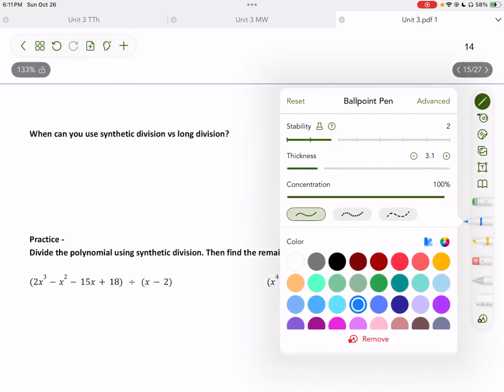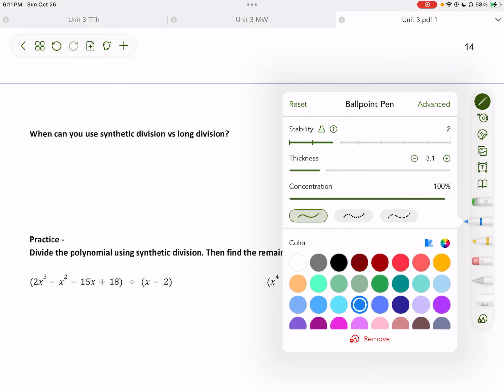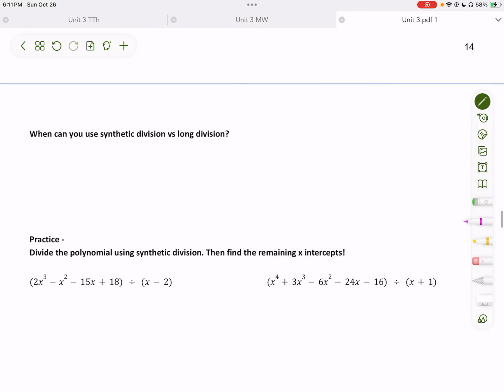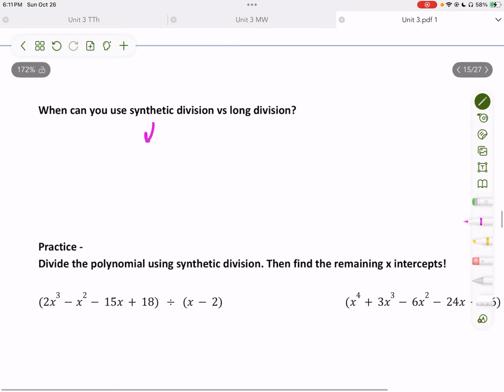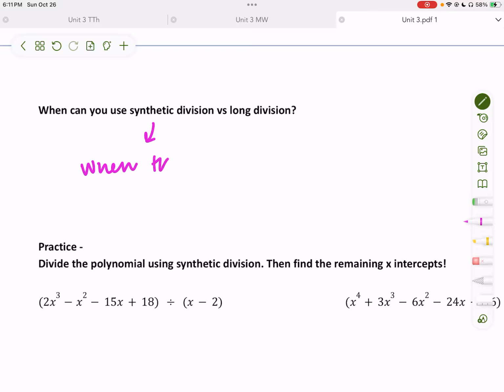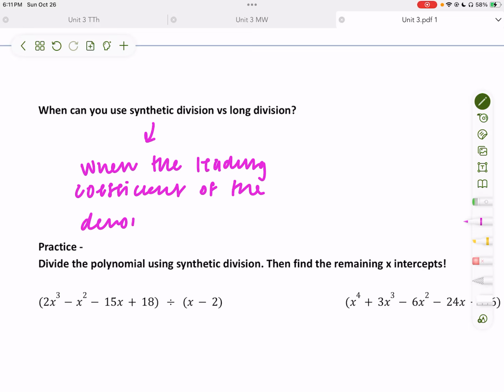Now, let me tell you really quickly when we use synthetic division versus long division. We used to do long division in college algebra, and we have actually kind of dropped it. But synthetic division can only be used when the leading coefficient of the denominator equals 1.